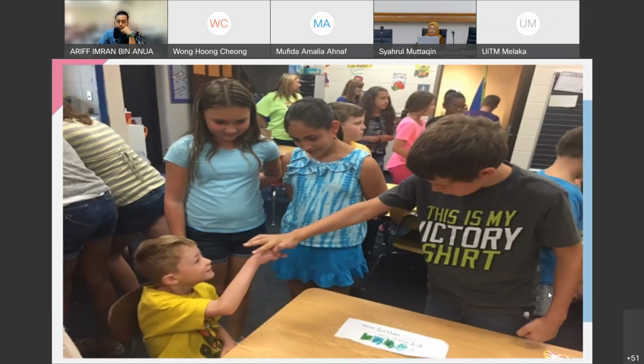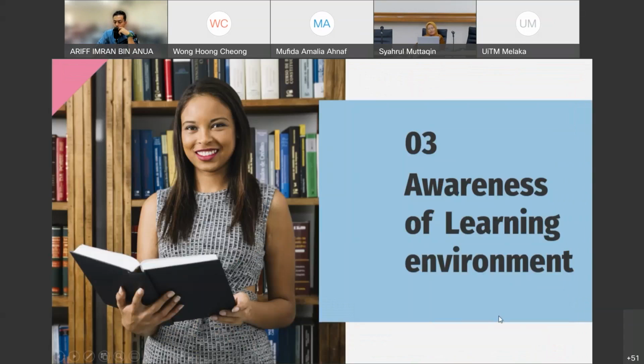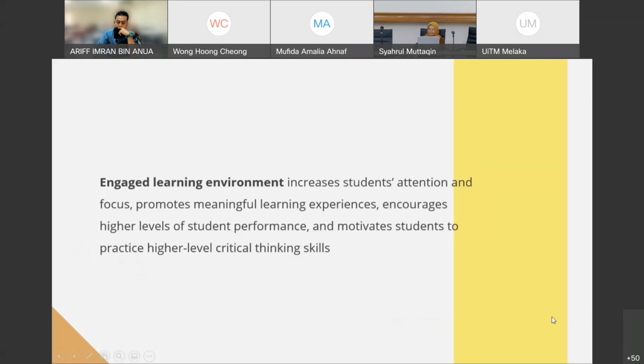Yeah. And ladies and gentlemen, now we come to the third section, that is the awareness of learning environment. If we are aware of the learning environment or we engage in an engaged learning environment, what will happen? Yeah. Engaged learning environment increases students' attention and focus, promotes meaningful learning experiences, encourages higher level of students' performance, and also motivates students to practice higher level critical thinking skills.